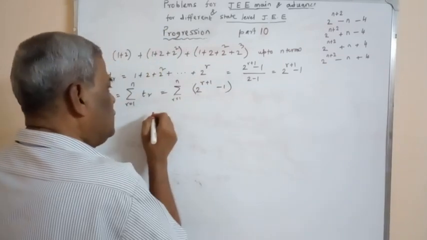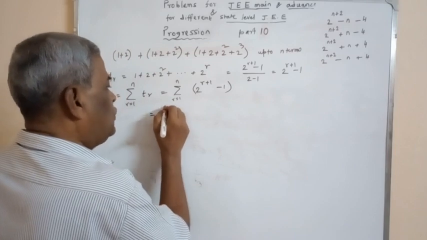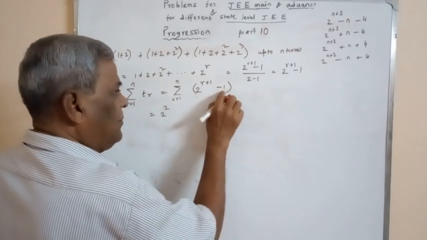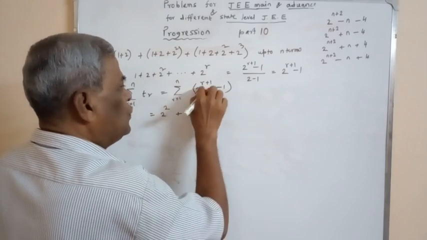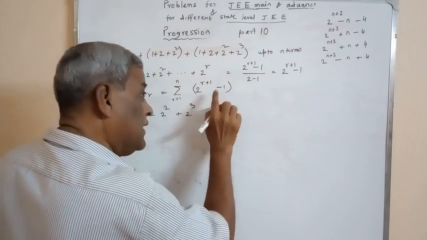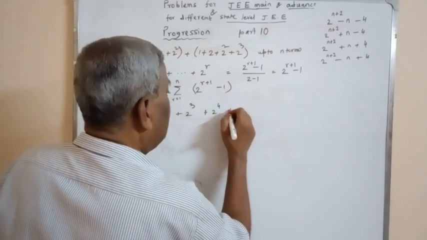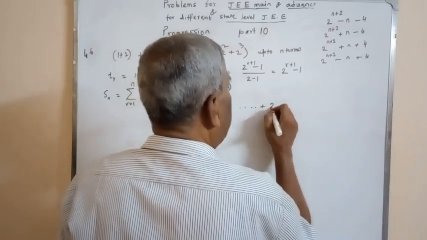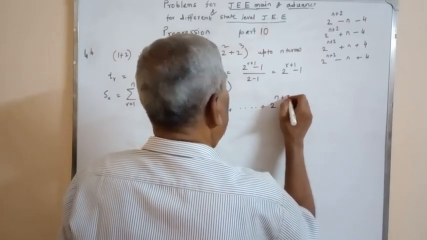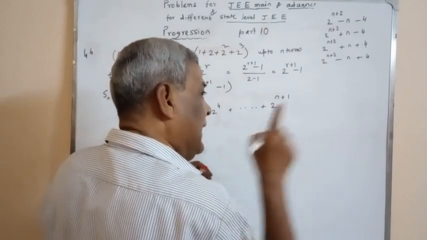So first term is 2 to the power 2 minus 1. Second term is 2 to the power 3 minus 1, plus 2 to the power 4 minus 1. This way, last term is 2 to the power n plus 1 minus 1.